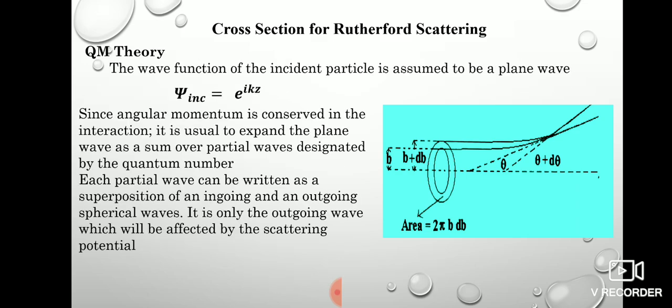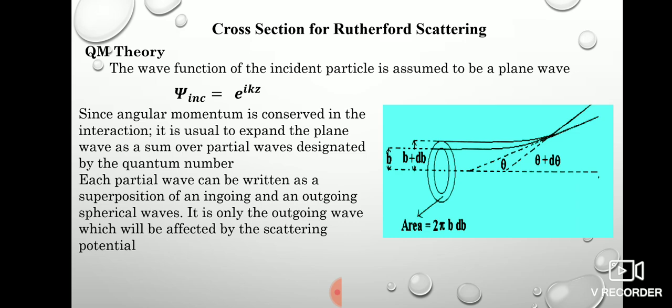Right? So as the angular momentum is conserved in this interaction, it is usual to expand the plane wave as a sum over partial waves designated by quantum number L equal to 0, 1, 2, 3, etc. And each partial wave can be written as a superposition of ingoing and outgoing spherical waves.